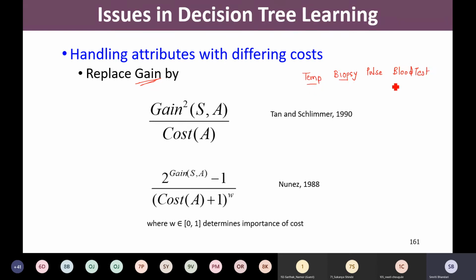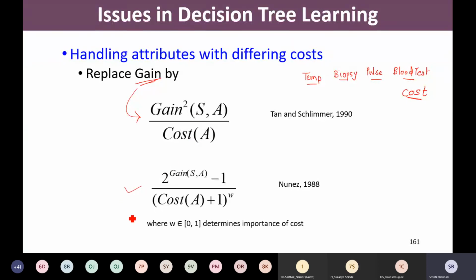So associated with every attribute, I may have some cost. This cost might be the monetary cost, or the cost to patient comfort. If I have such a parameter associated with my data, then instead of using gain as my parameter for selecting the decision node, I may come up with this particular expression that will replace my gain: gain square divided by cost.